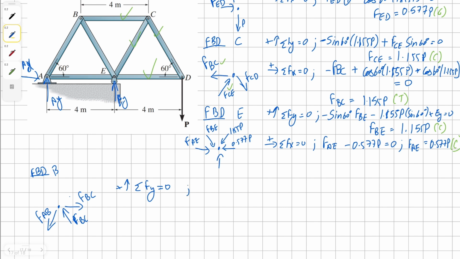We're going to have force BE sine 60 to get its vertical component, and then we have sine 60 times force BC, pardon me, BE, which is 1.155P, all equals 0. For force AB, we get our solution as 1.155P, and this member is in tension.